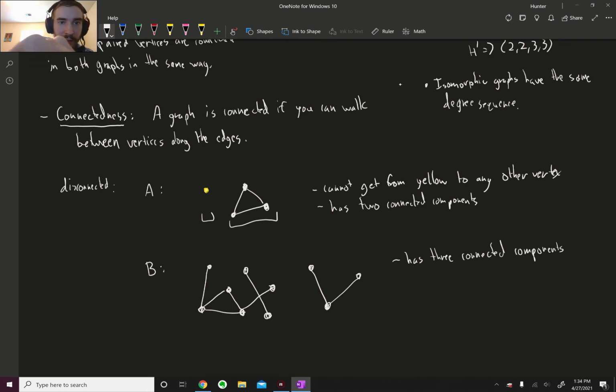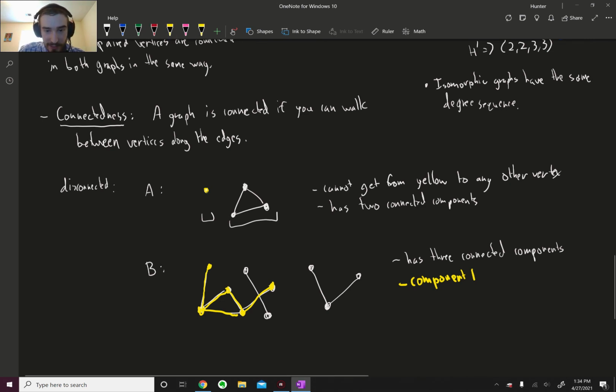And let's highlight what those are. So I'm going to highlight 3 sections in yellow, green, and pink. So component 1 is going to be yellow. And that's this set of 5 vertices. These 5 vertices I can freely get from any one of them to any one of the others.